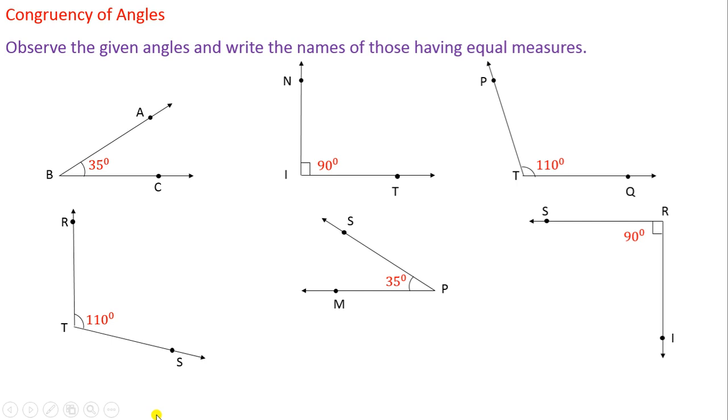By observing the given angles and their measurements, here angle ABC and angle SPM are equal angles. Then angle NIT and angle SRI are equal angles, and angle PTQ and angle RTS are equal angles.